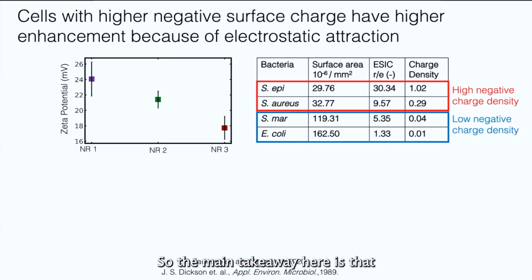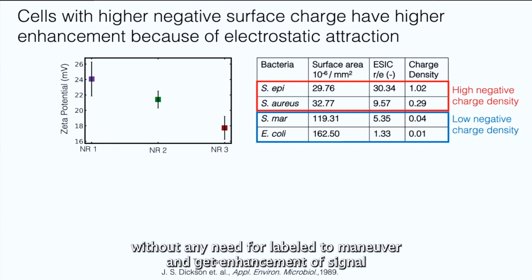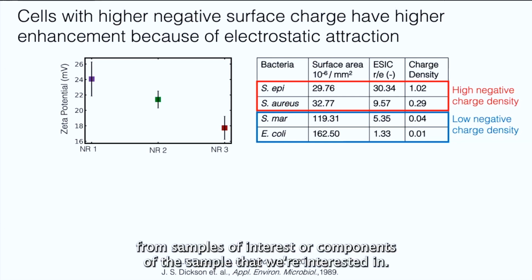So the main takeaway here is that we can potentially use electrostatics or other physical interactions that are happening, without any need for label, to maneuver and get enhancement of signal from samples of interest or components of the sample that we're interested in.